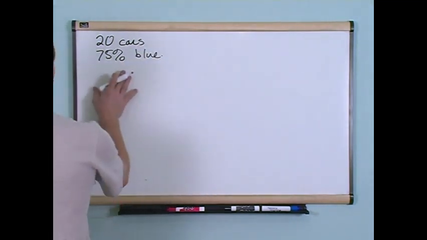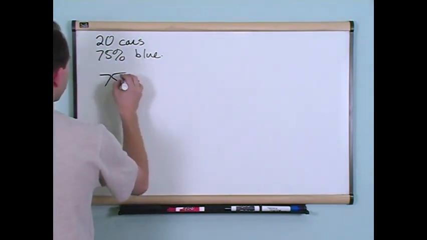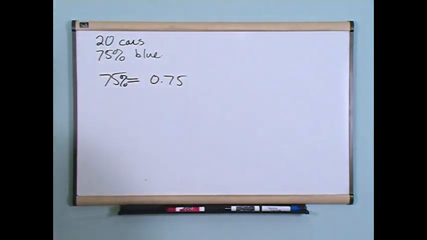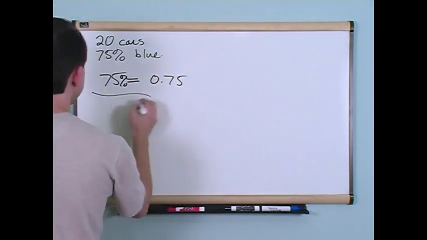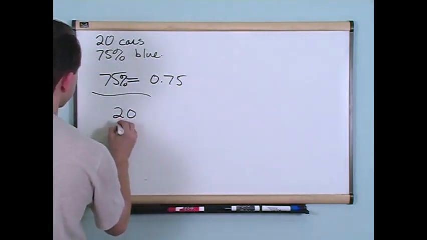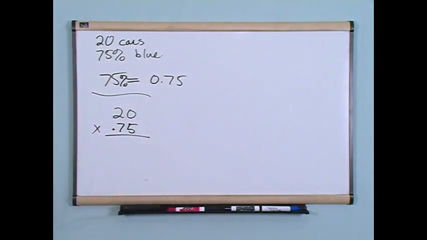Okay? Well, you want to take the 75 and convert to a decimal. So that's 0.75. Okay? So all you're going to do is you're going to take the 20 cars total in the lot and you're going to multiply by 0.75, like this, okay?